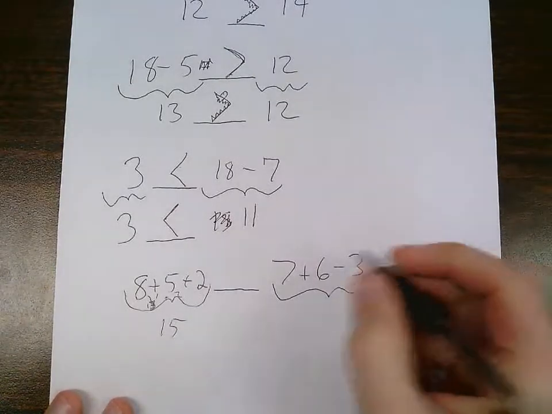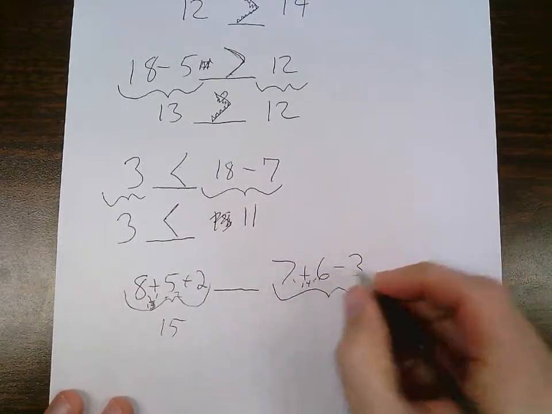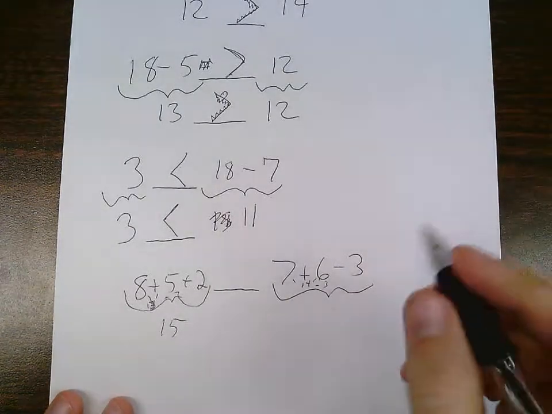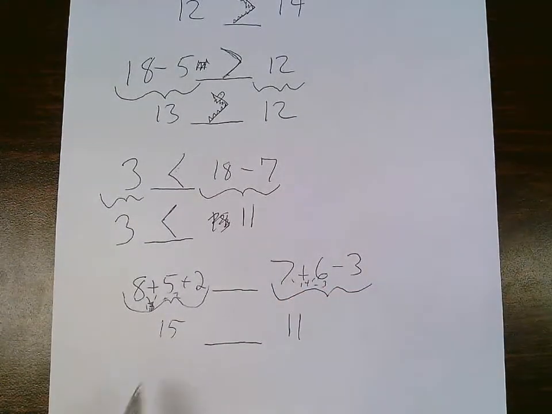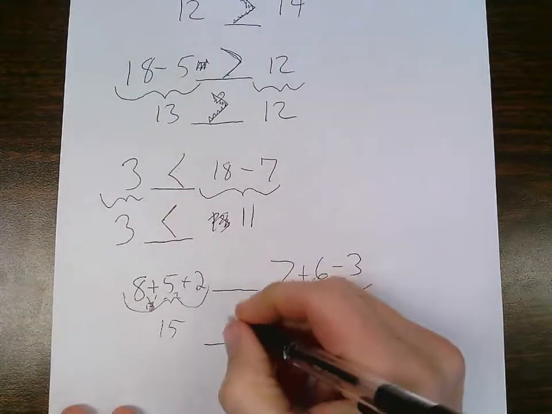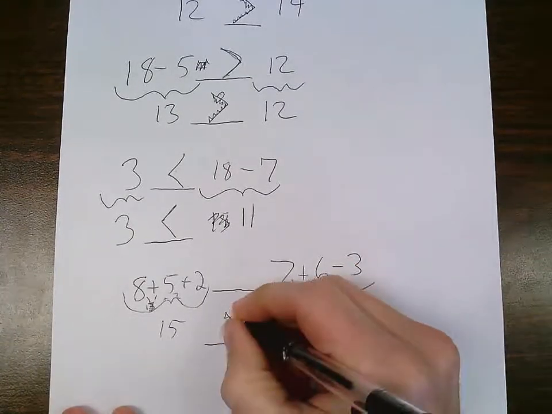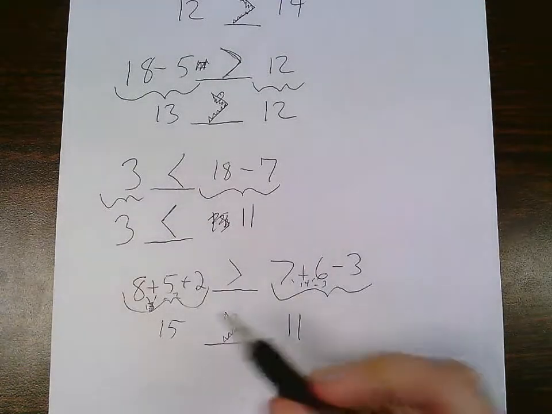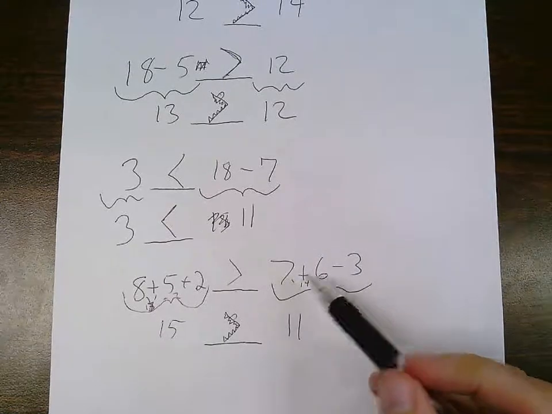This side over here, 7 plus 6 is 14 when I add those together, minus the 3 is 11, and bring down my alligator, so I have 15 something 11. The 15 is larger, so that is the one my alligator is going to want to eat, and I can plug that back into my original equation. So 8 plus 5 plus 2 is greater than 7 plus 6 minus 3.